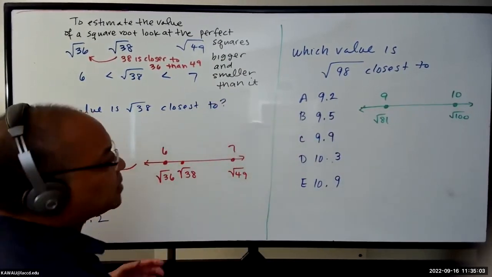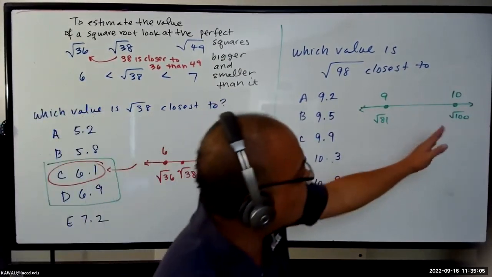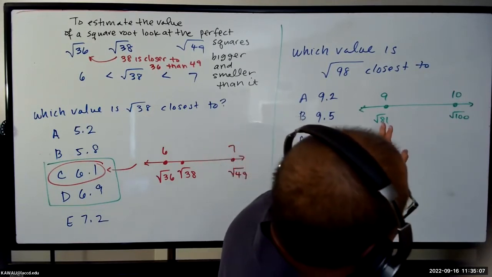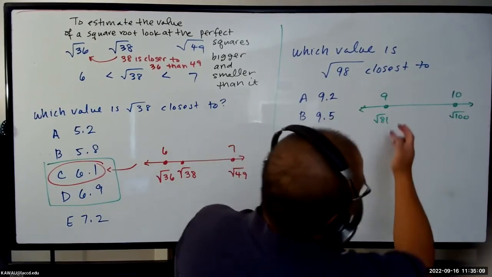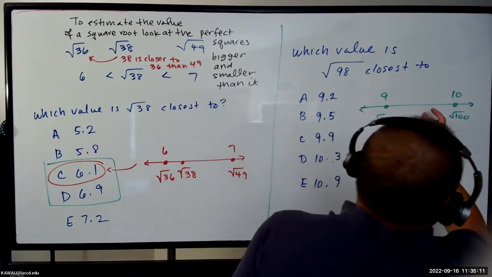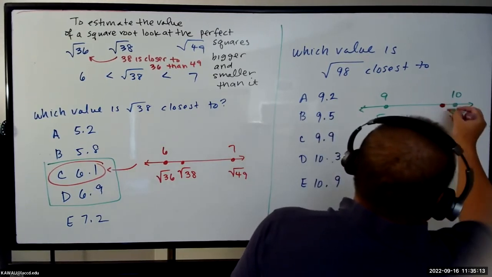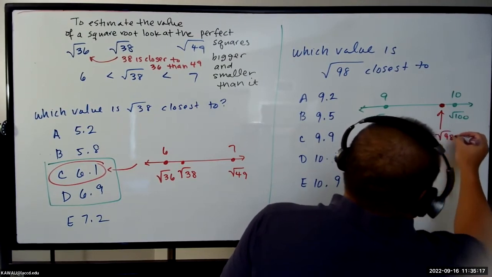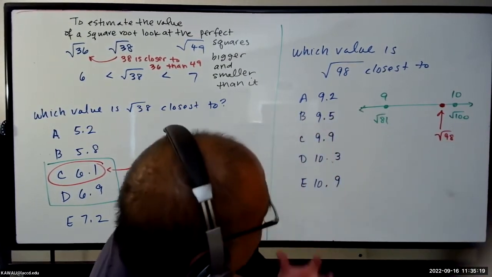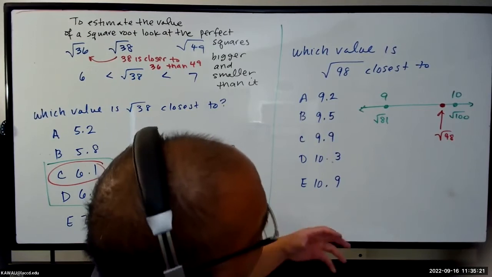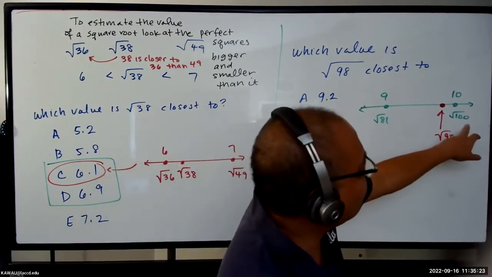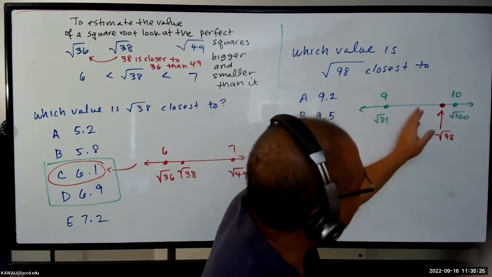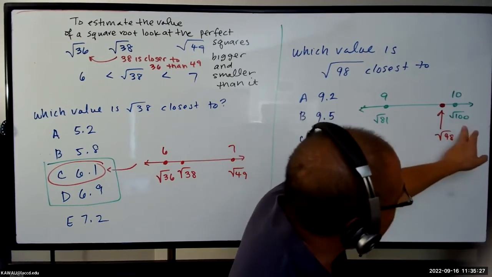When we look at square root of 98, where is 98 in comparison to 81 and 100? It's not near 81 and it's not in the middle. It's really close to 100. So if you're to estimate it, it's not perfect, but 98 is really closer to 100 than it is to 81.